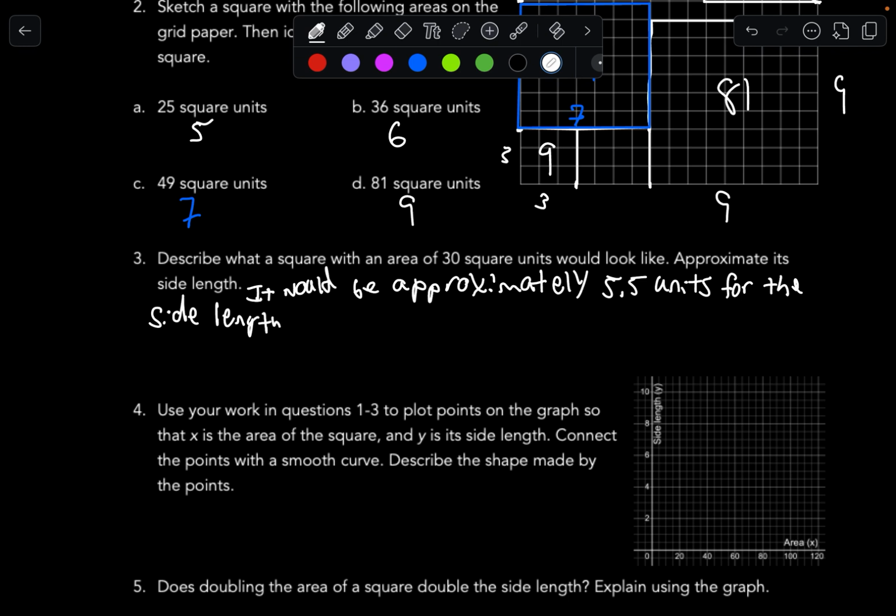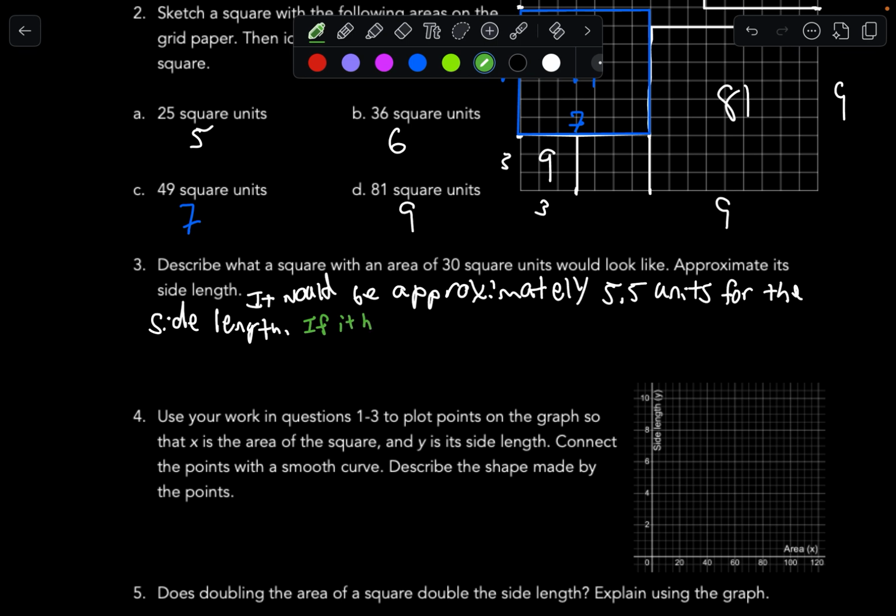If it had a side length of 5 units, it would have an area of 36 square units.